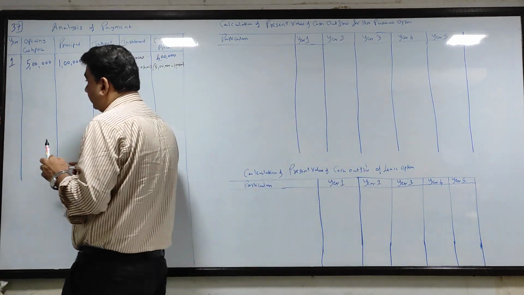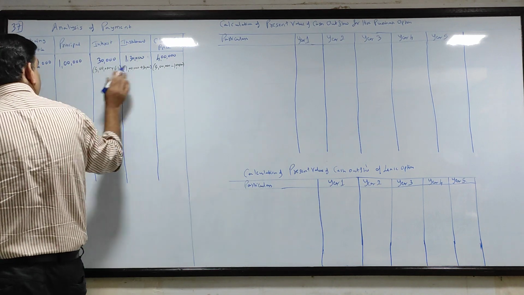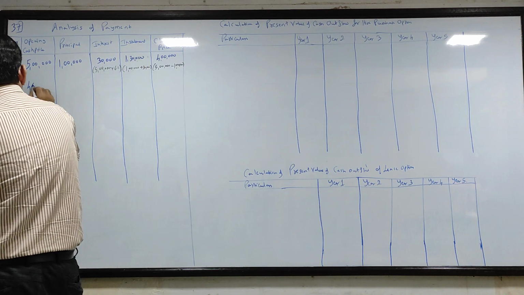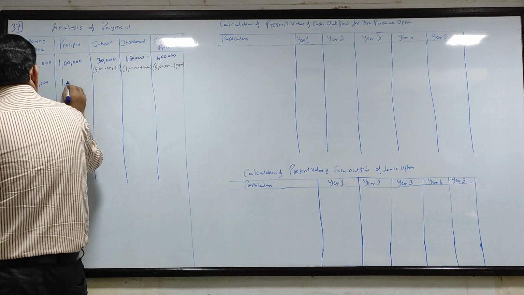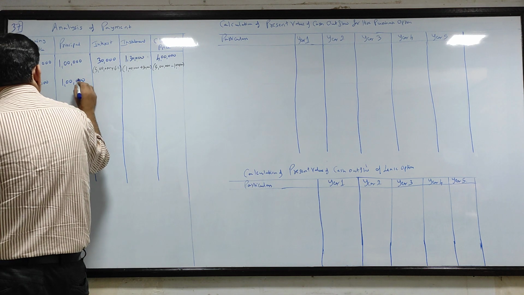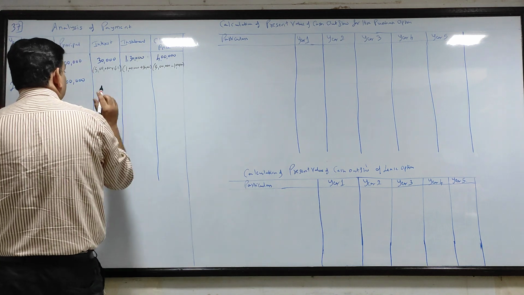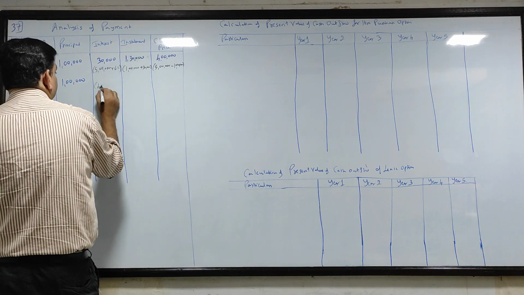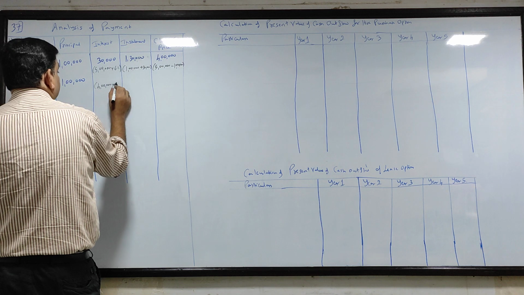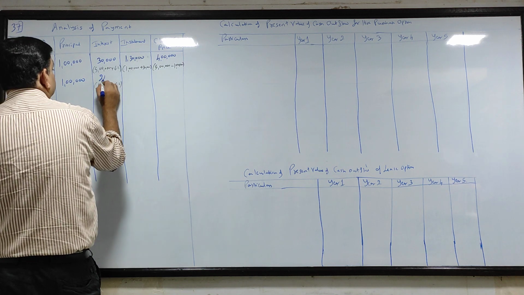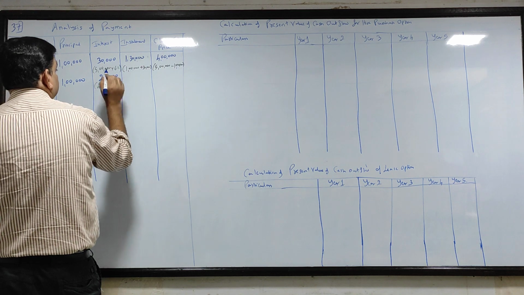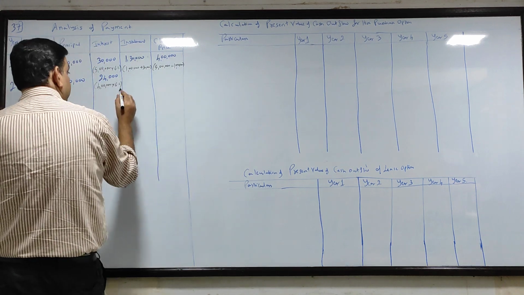Okay, chalo, continuing the same way. This is just a revision of earlier class. Year 2, first bring forward opening cash price 4 lakh. Principal again 1 lakh. Now interest will be what? 4 lakh का 6%, that is 24,000.